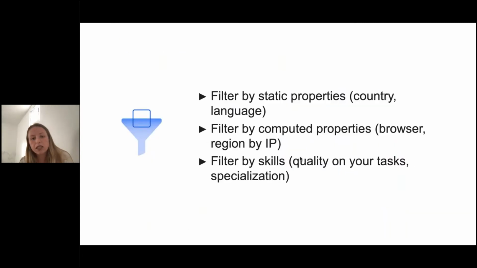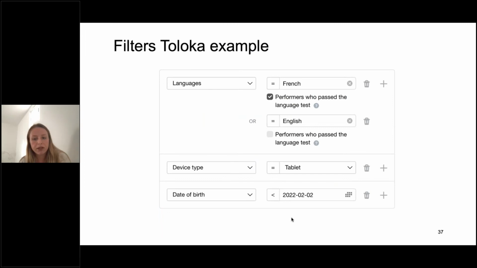and just my suggestion here is that you should always think about filtering people maybe by country if you need, by language, also by some computed properties such as what browser they are using or what region their IP address is showing. And last but not least, you could filter them by some skills that they possess. And I would like to give you maybe an example of such filtering.